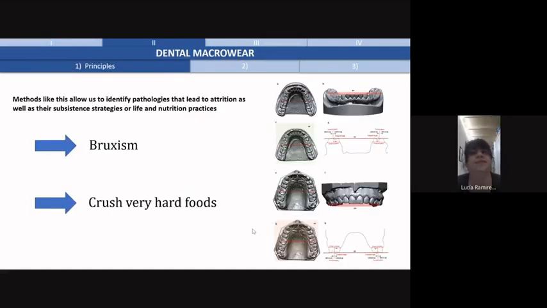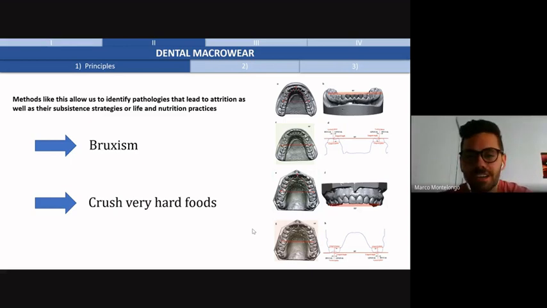Next slide. Okay, well, as Lucia said, understanding first of all the paleobiology and ecology of hominins through their diets is important to reconstruct the context of their evolutionary history, including how they respond to environmental and climatic change over time in terms of their livelihood strategies or life and nutrition practice.